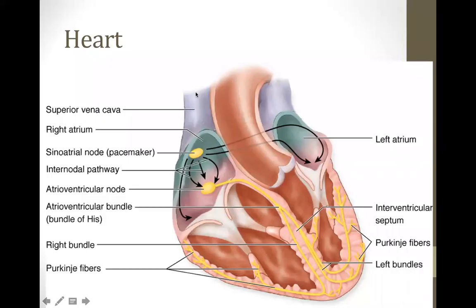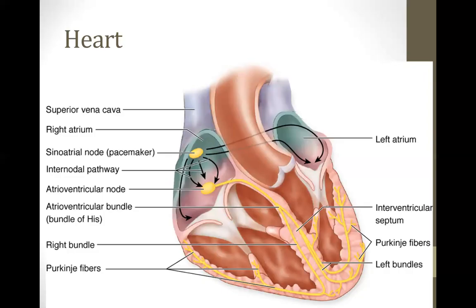This is the superior vena cava, the vein that goes to the right atrium. The conducting pathways start from the SA node, the pacemaker of the heart, and go to your AV node, distributing electrical impulses to the AV bundle, or atrioventricular bundle, or the bundle of His.